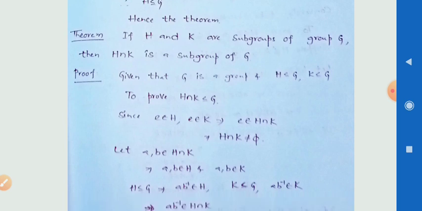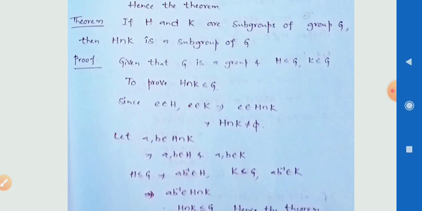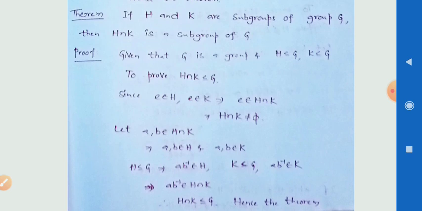Since H and K are subgroups of G, E belongs to H and E belongs to K. Therefore E also belongs to H intersection K. Then H intersection K is not equal to empty, meaning H intersection K is a non-empty set.